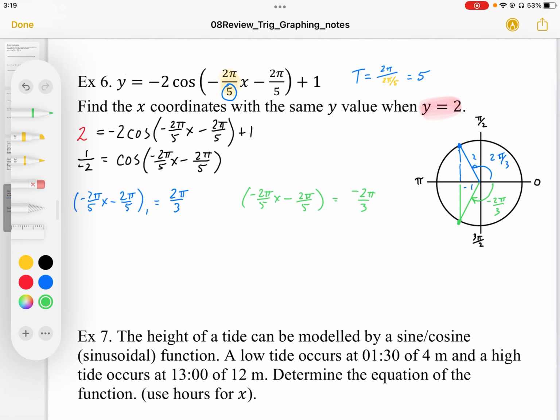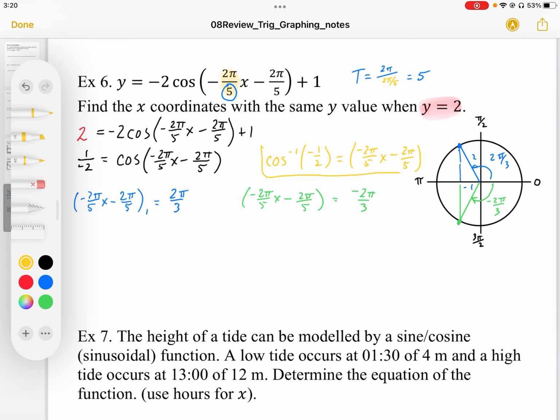Now I still need to solve for x. Just one last thing before I solve for x, I'm going to write my arc cos version of this. The arc cos of -1/2 is equal to the angle -2 pi over 5 x minus 2 pi over 5.